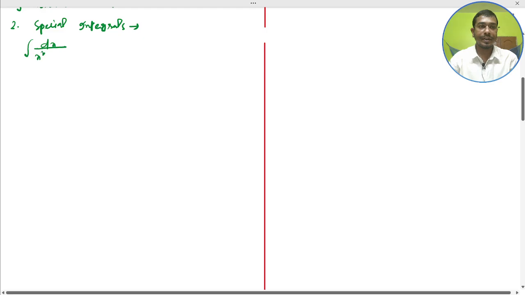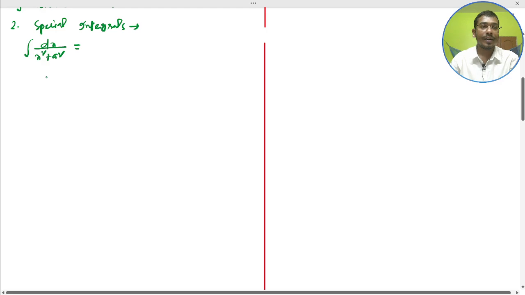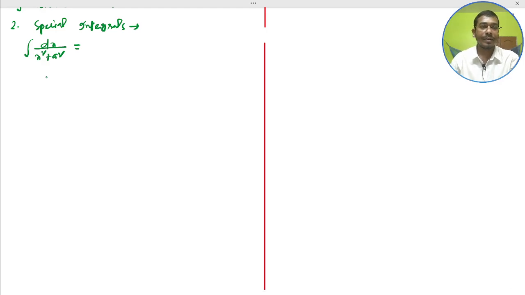1 by x square plus a square dx. I just repeat one thing, the pronunciation would be 1 by x square plus a square dx, not dx by x square plus a square, because dx is the operator, dx being the variable with the differential.